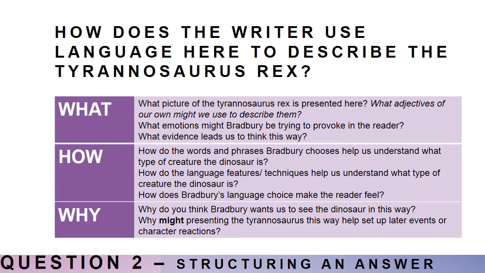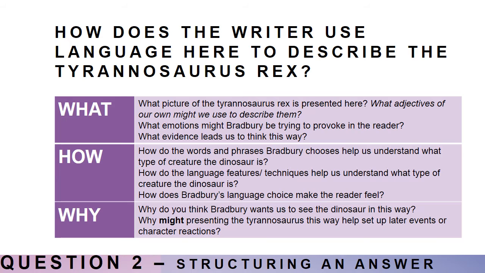So this is where we want to start asking some questions of the text. Why do you think that Bradbury wants us to see the dinosaur in this way? Why might presenting the Tyrannosaurus Rex this way help set up later events or character reactions? Because remember, although we're focusing in on this small extract, having read the whole of the insert, we do know what happens later. So it's really important that we think about joining some of those dots.